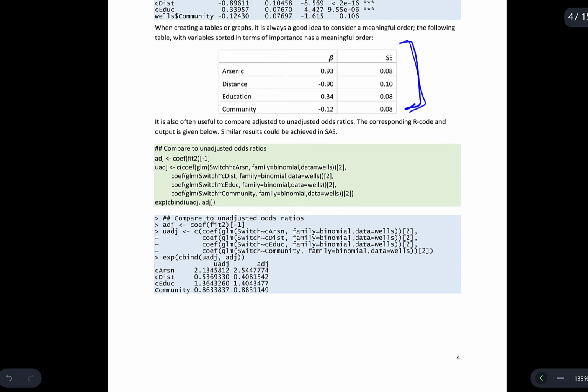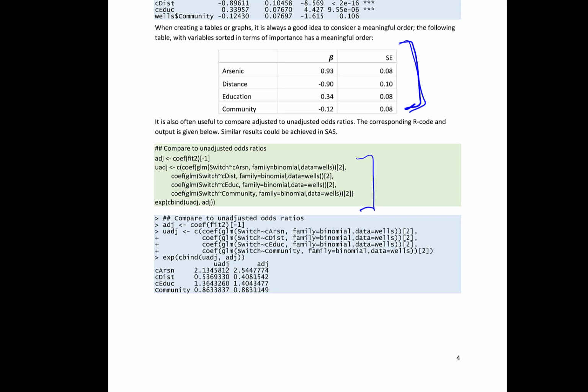It's also useful to compare the adjusted and unadjusted odds ratios. So the corresponding R code and output is given below. Notice when we say unadjusted odds ratios, what we're talking about is whether or not we adjust for the other explanatory variables. So to find the unadjusted, all we do is fit the model for each of the explanatory variables individually.